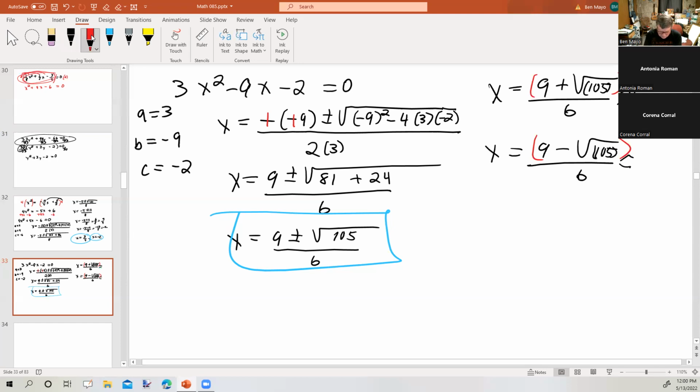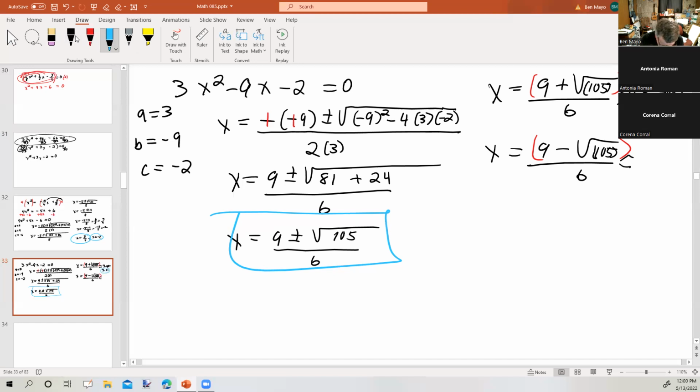So, to find the decimal approximation: left parenthesis, 9 plus square root of 105, close up the radical, close up the entire numerator, divided by 6, and I get 3.207, etc. The 7 would round up, so we get 3.21.